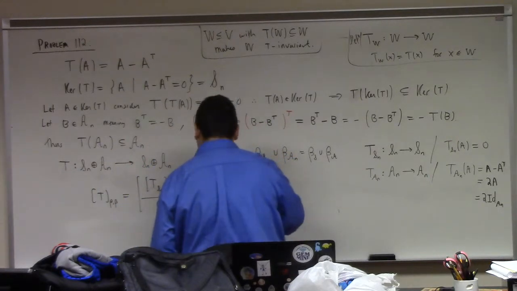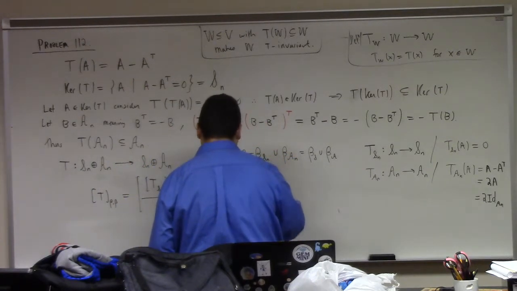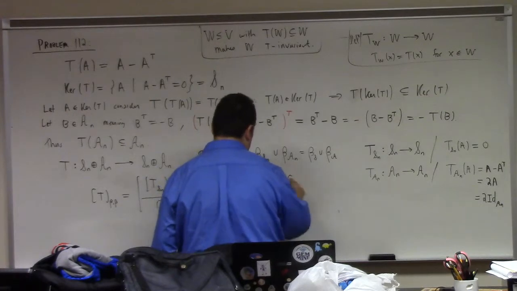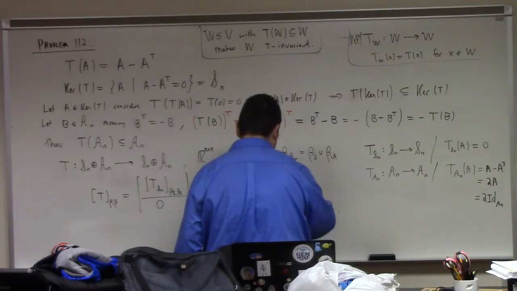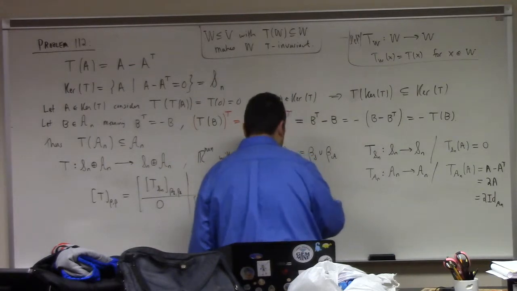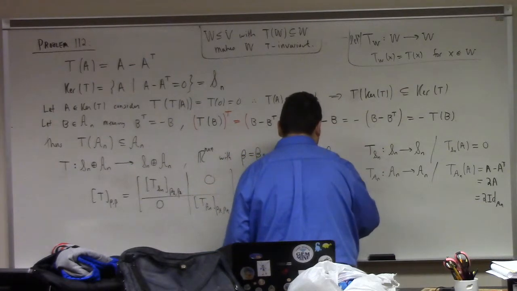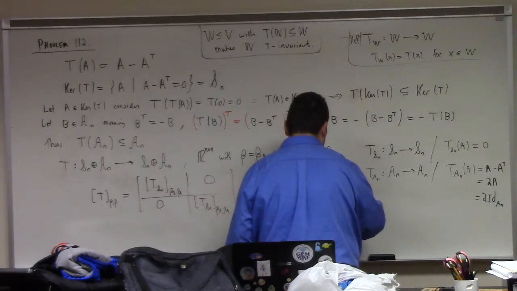And so what you've got here actually is 0, 0, 0, and 2 times the identity. In other words, you've got 0 direct sum 2 times the identity matrix.